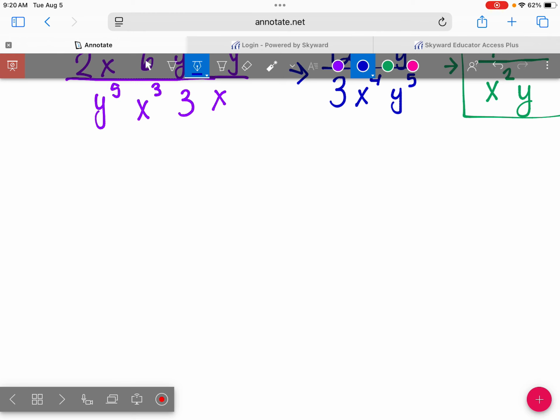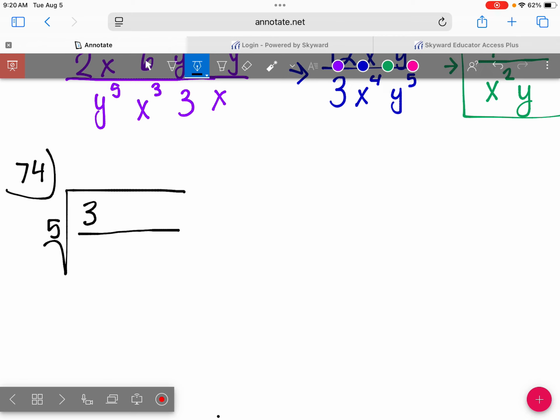74. So let's look at that one. That one has our 5th root of a fraction: 3x to the 11th y cubed over 9x squared.